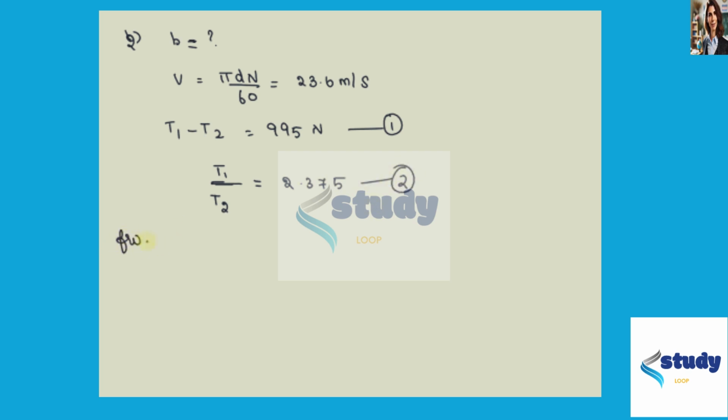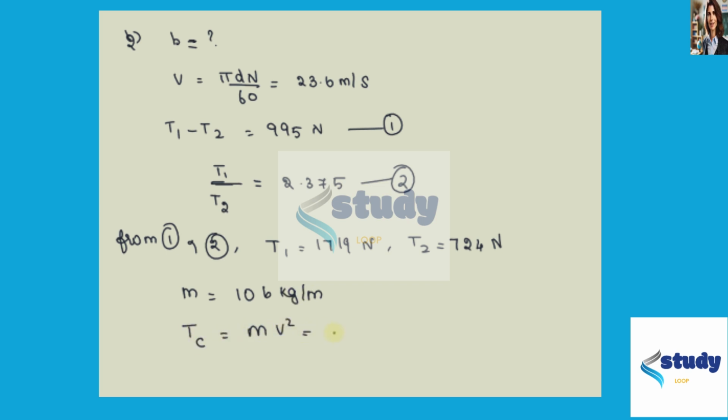From 1 and 2 we get T1 is equal to 1719 Newton and T2 is equal to 724 Newton, and we get the mass per length of the belt is equal to 10 B kilogram per meter, and centrifugal tension Tc is given by mv squared, which is equal to 5570 B Newton.